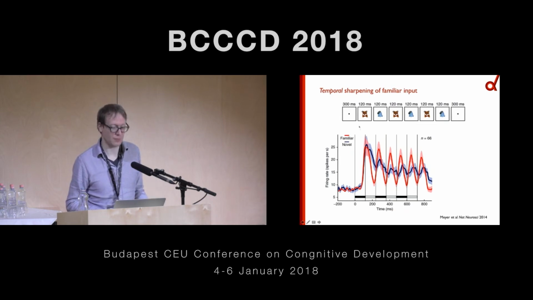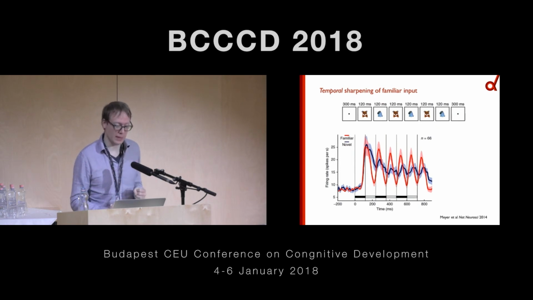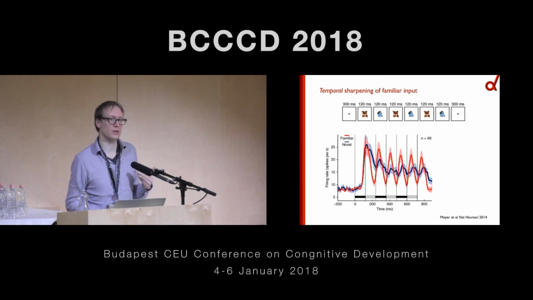They had certain stimuli that monkeys viewed over and over again. And when they compared the activity elicited by these familiar images to activity elicited by novel images, they saw something quite surprising. What they did here, which is crucial, is they presented these stimuli very rapidly, 120 milliseconds per stimulus.